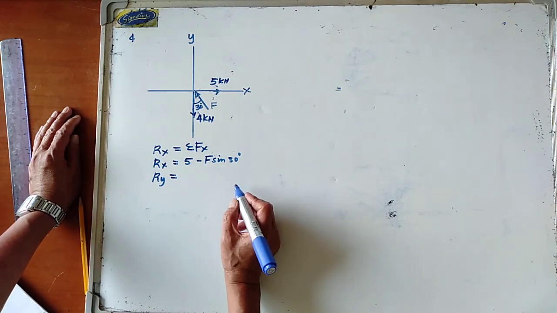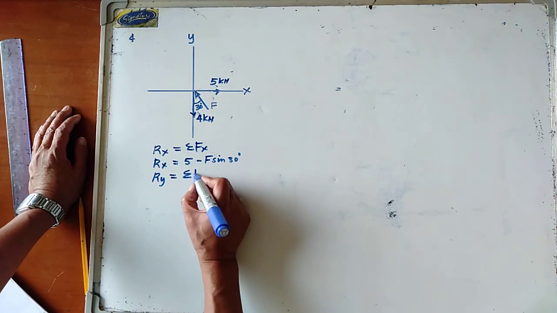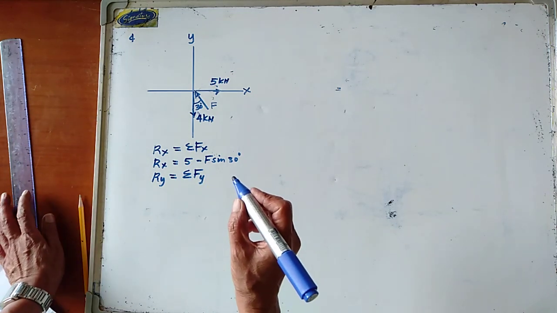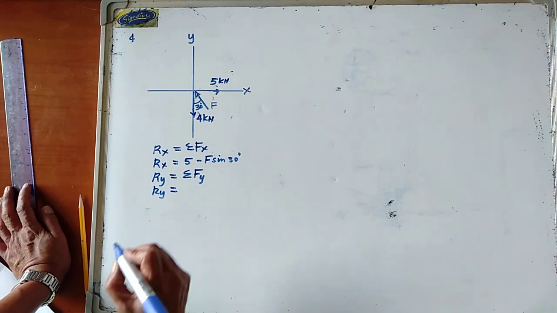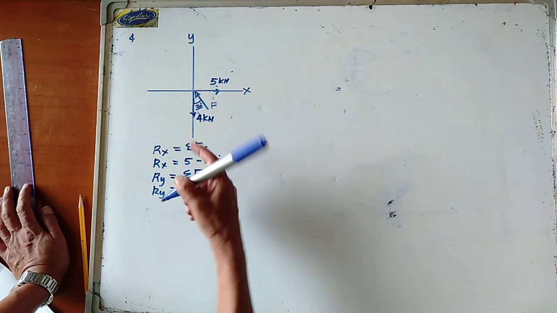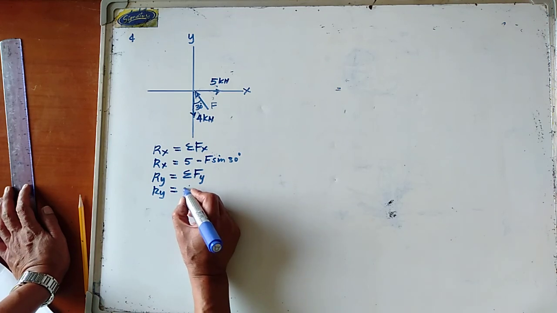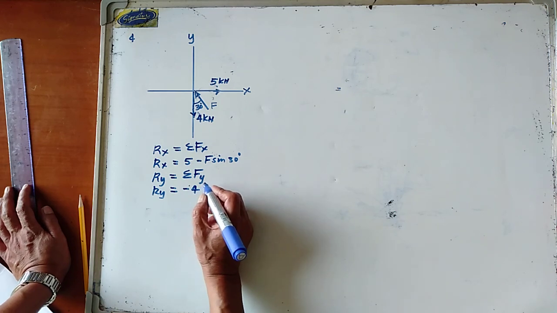Again, your Ry is now equal to summation of forces along the y-axis. We have 4 kilonewtons directed downward, so that is negative 4.